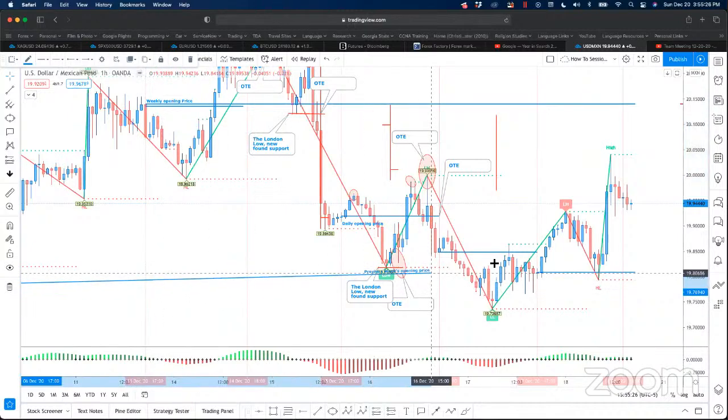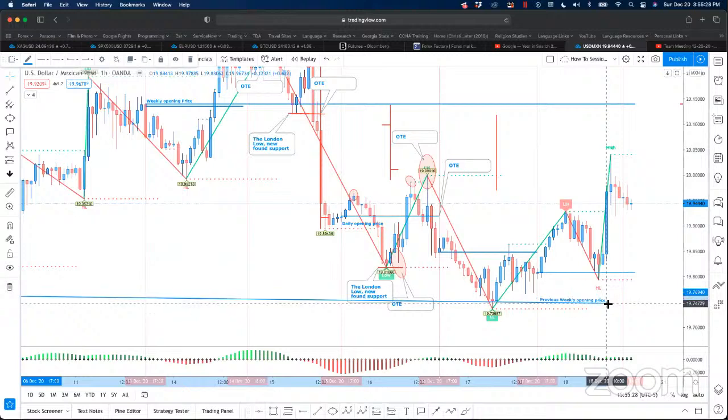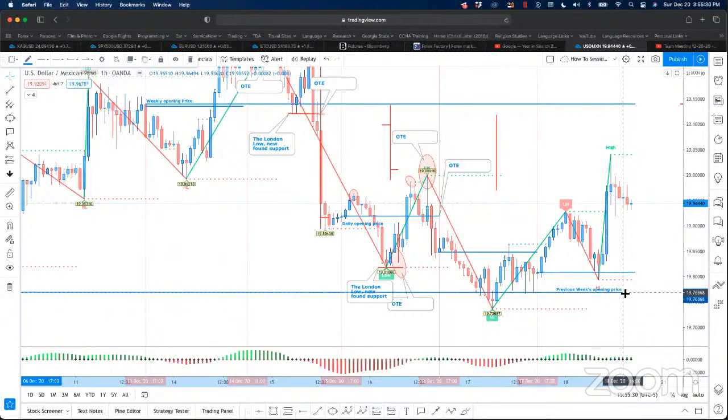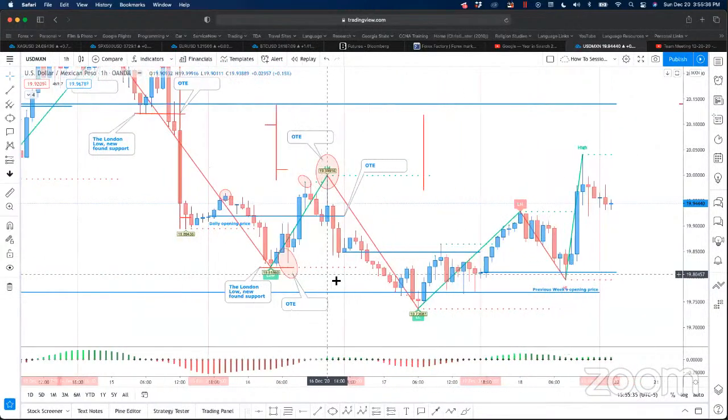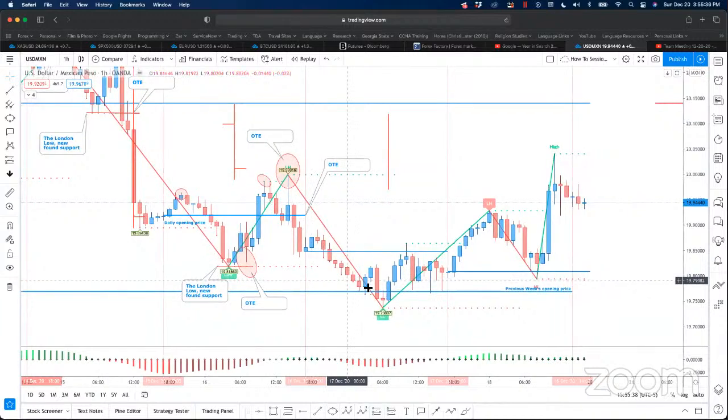So if we pull this all the way over, we can understand why this happens. We'll get a better understanding of why this low happened here. And not just saying, oh, it's a key level, but what is the relevance of this key level? It's the previous week low, right?